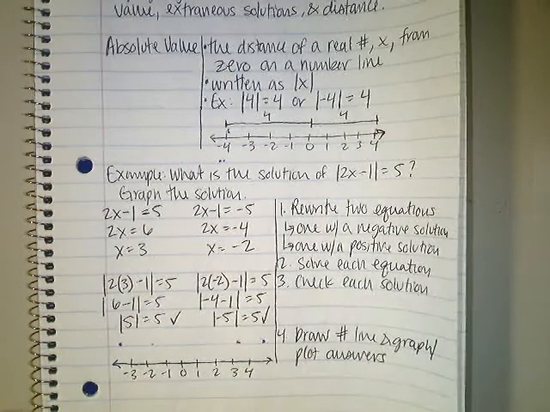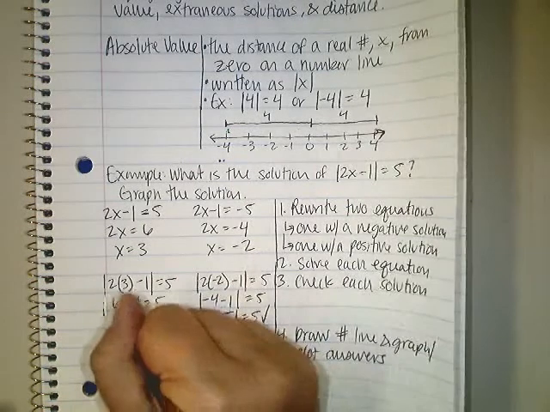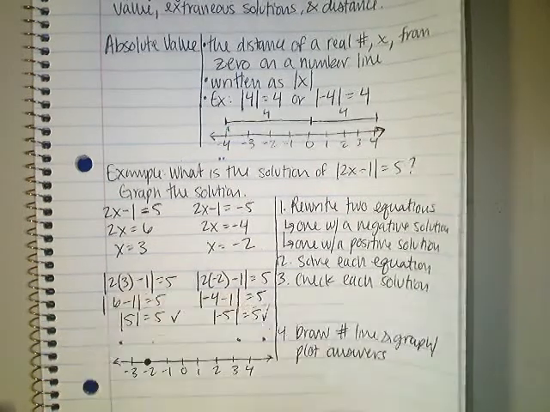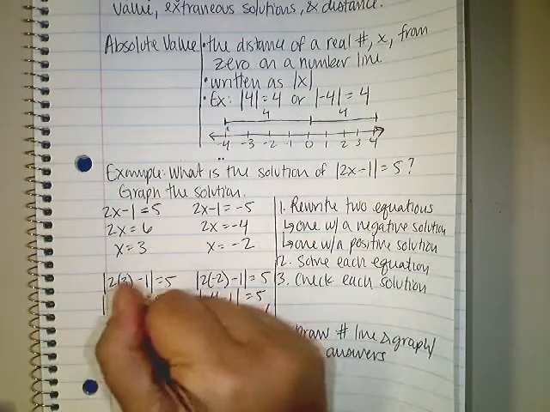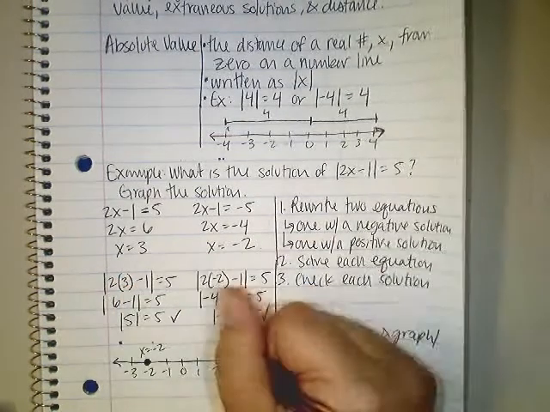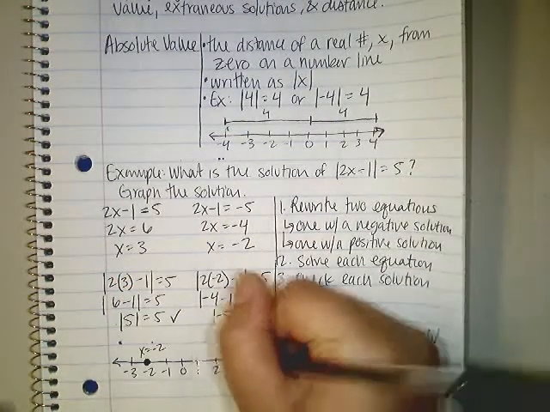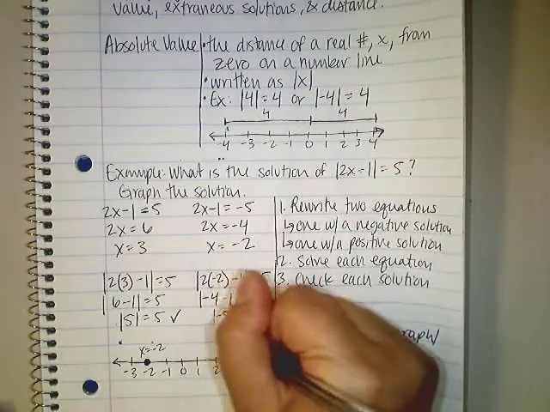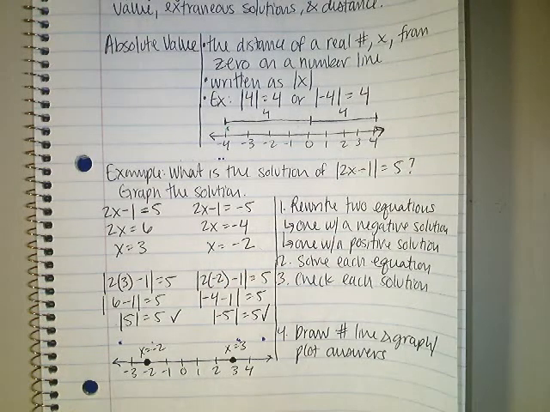My two solutions, my first one is -2 over here, so I'm just going to put a dot on -2. And then 3. They both are filled. It's just those exact numbers, so you don't need to worry about if it's open or closed. It's just those are the numbers. I can plot them, and that's my solution graphed.